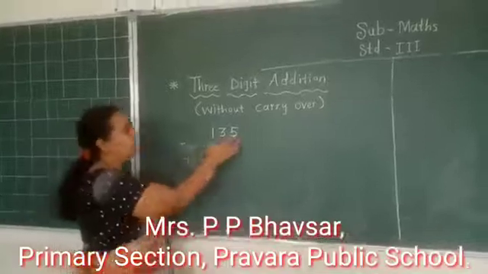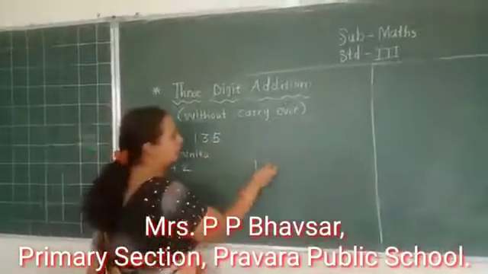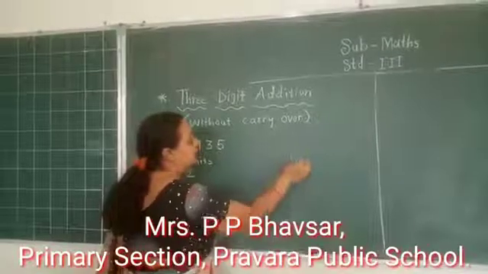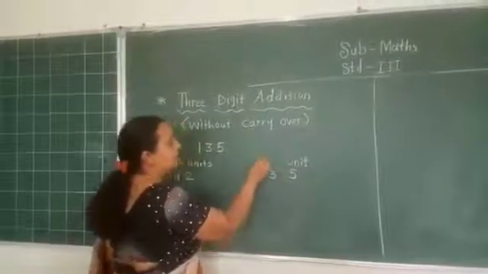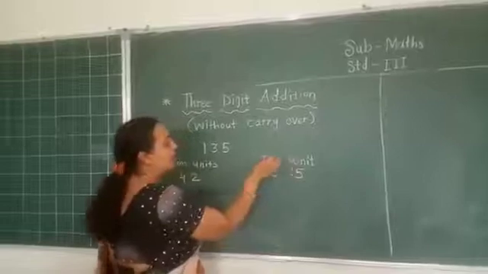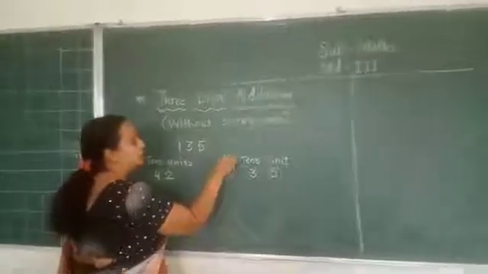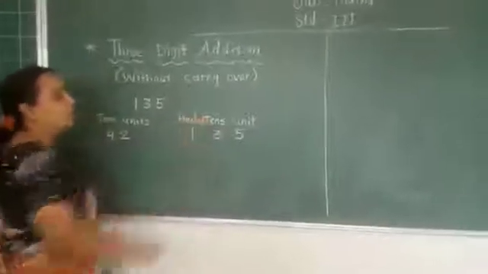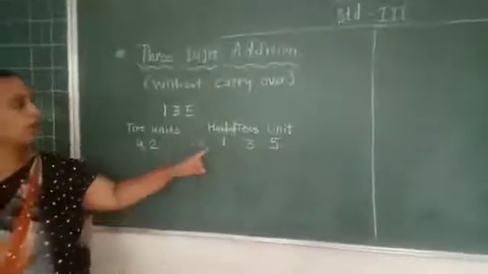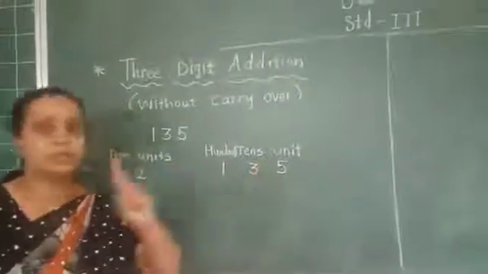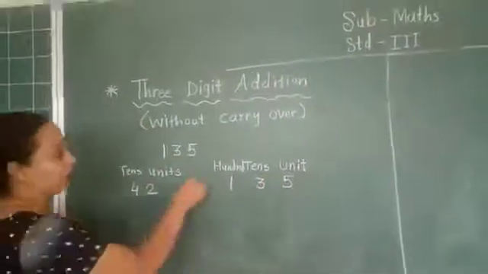Now see, this 5 is unit, this 3 is tens, and this 1 is 100. How will we read this number? 135.